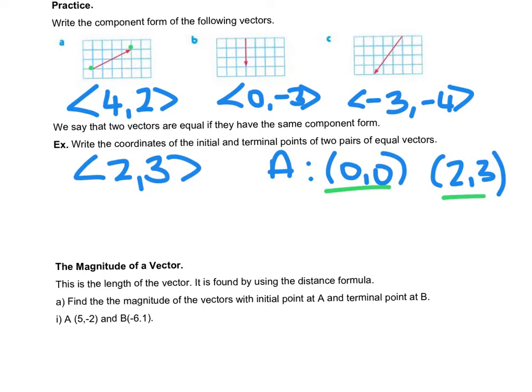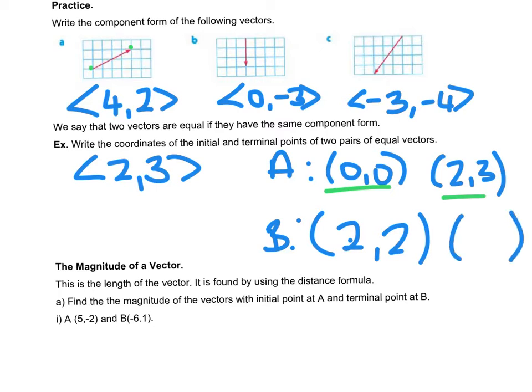And that means that vector satisfies that condition. Now, what about a vector B that starts at, say, 2, 2? If we want its component form to be 2, 3, it starts at the point 2, 2. Where should it end? Well, it should go 2 units horizontally and 3 units vertically, and there you go.